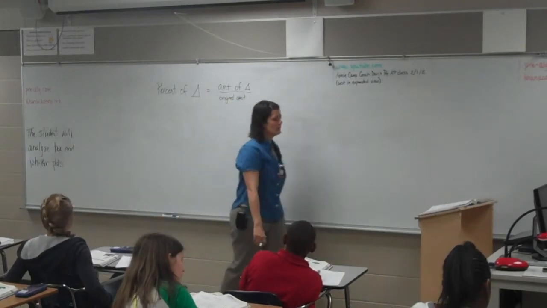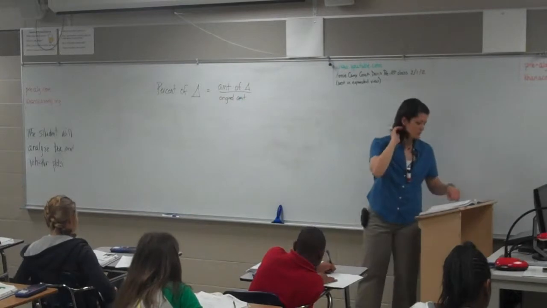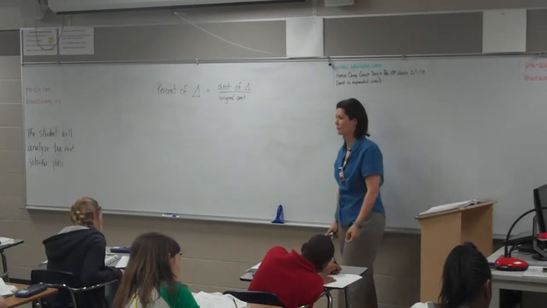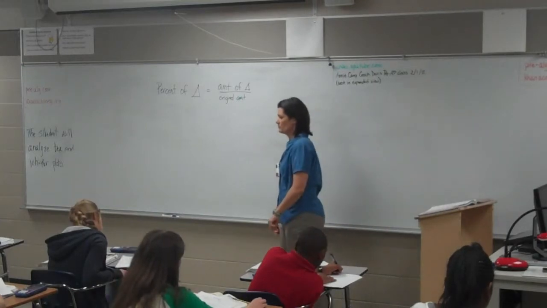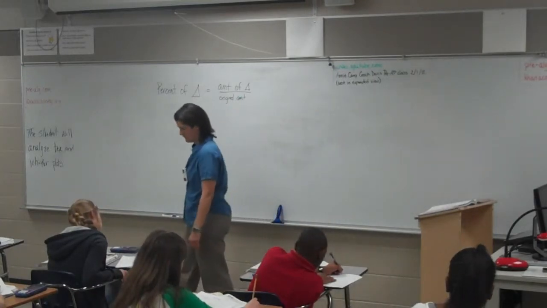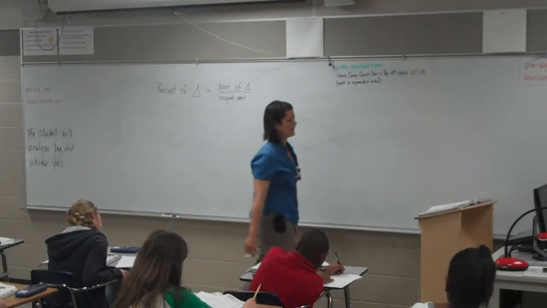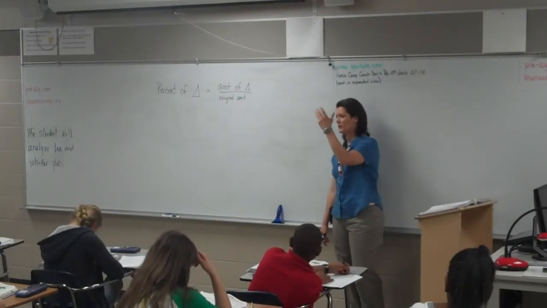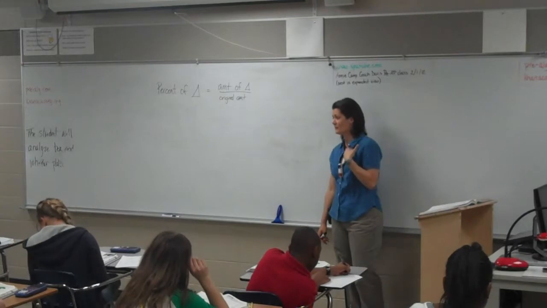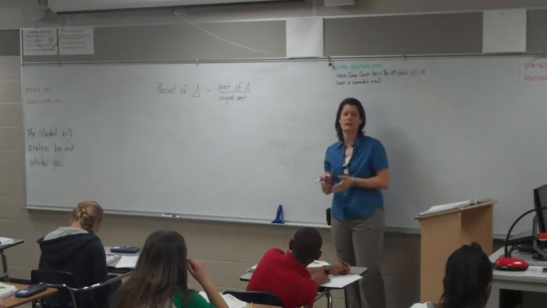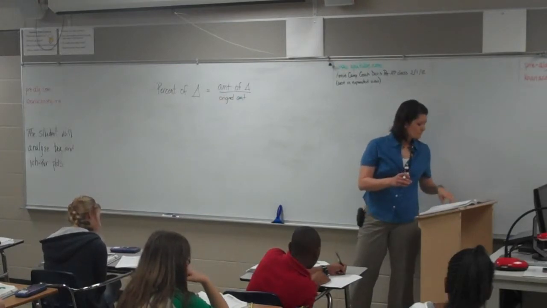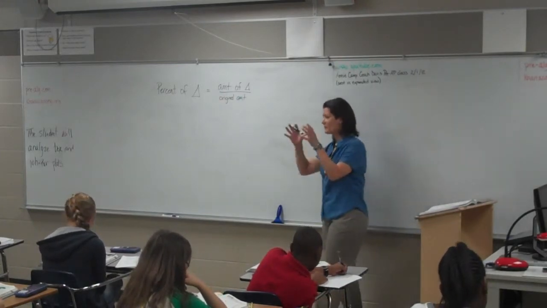Now, if you look at the bottom in the notes on your paper, it says the amount of change is always a positive number. Never negative. The only thing that differentiates whether it goes up or down is when we write the word increase or decrease at the end. So, that is a percent of change.